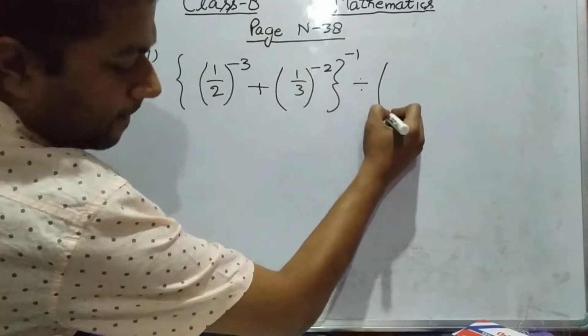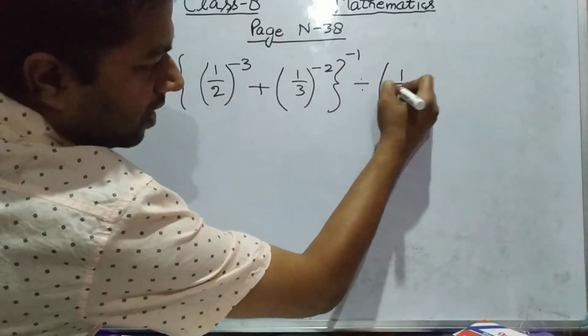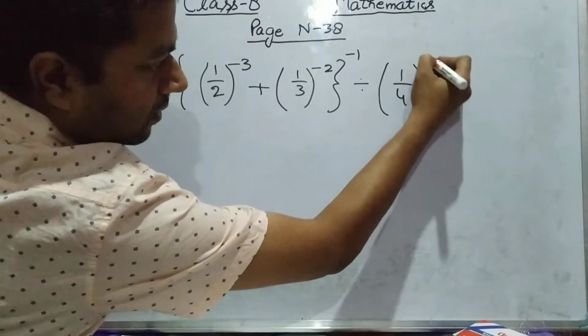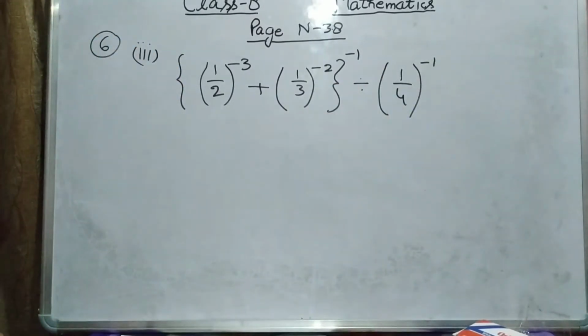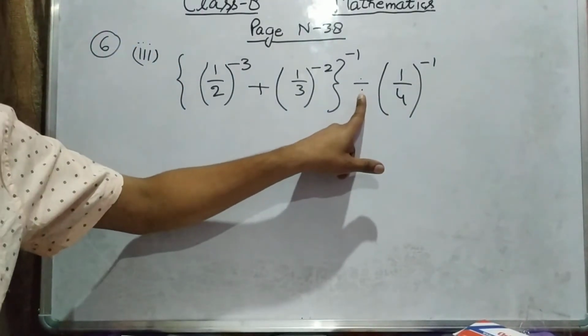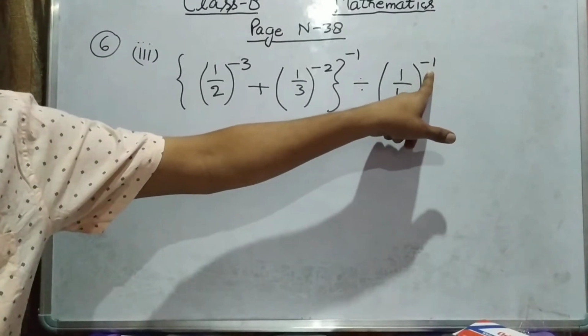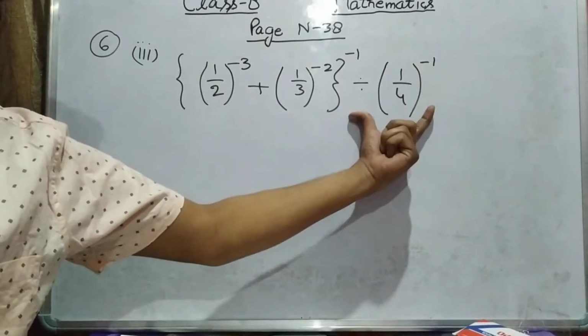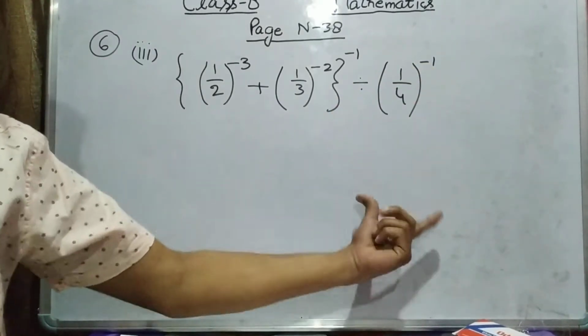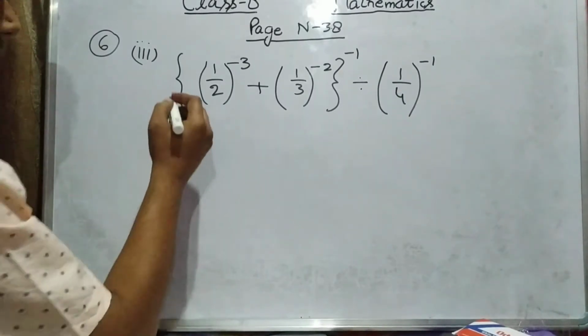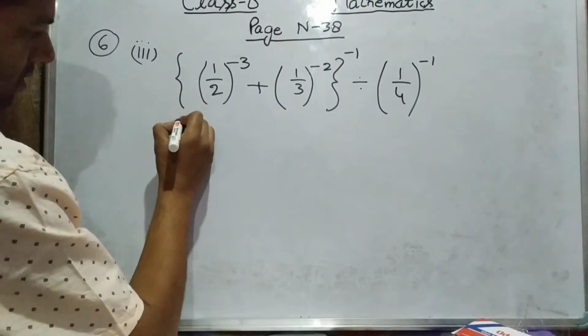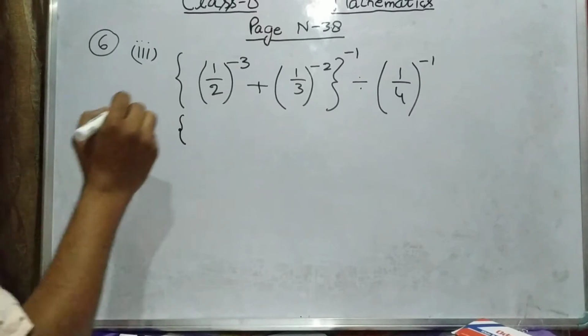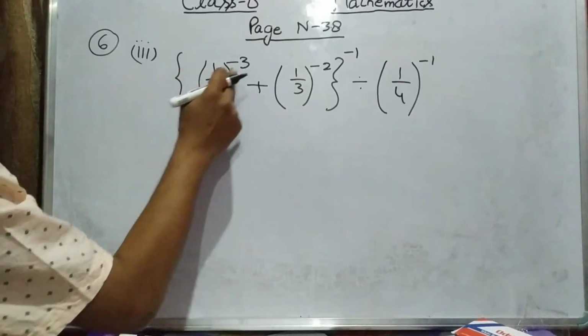Divide sign, the question was 1 upon 4 to the power minus 1. See students, again the divide sign is here and the minus power is there, so don't take two steps together, otherwise mistakes are possible. 1 upon 2 to the power minus 3.